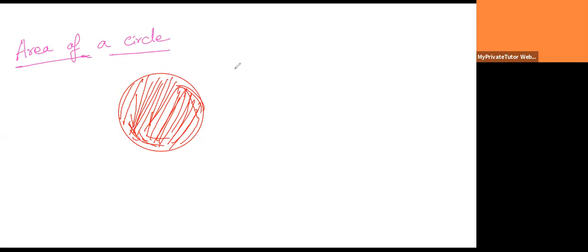So how to find the area of a circle? We need either a radius or a diameter. The basic formula, which I hope you know, is pi r square: pi times radius square, radius times radius. R stands for radius, A stands for area.